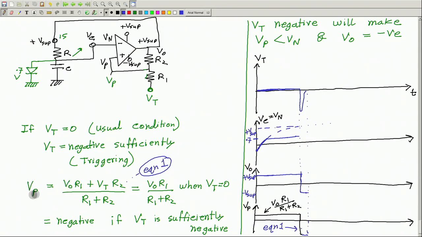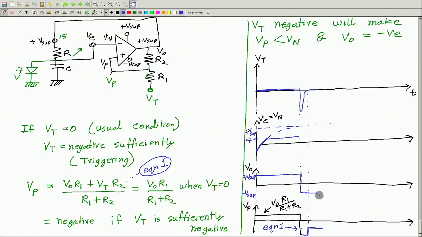Now, therefore, V p will still remain at the negative value, not as much as before, because now V t is no longer negative, only V o is negative, but anyway the combination will still remain negative. Okay. So, this is how it will be. It will be less negative once this V o has reached 0, and it will remain like this. And if so, you see V p is lower, V n is, if V n is at this point, so V n is higher, so output may remain negative.